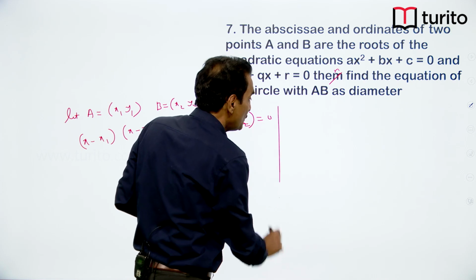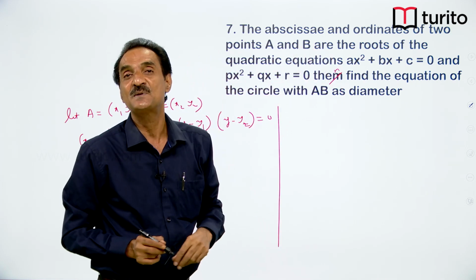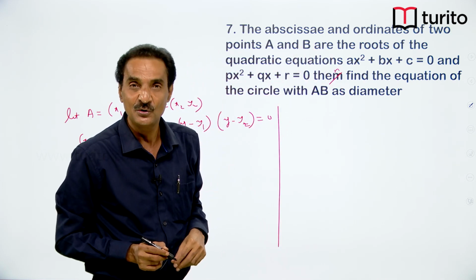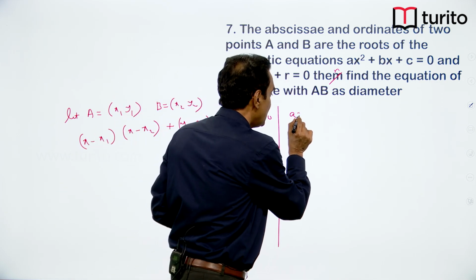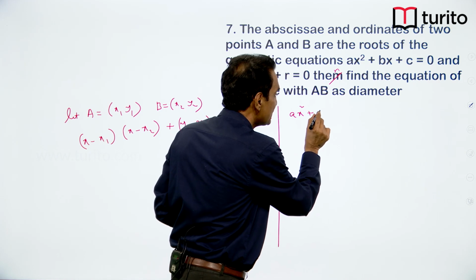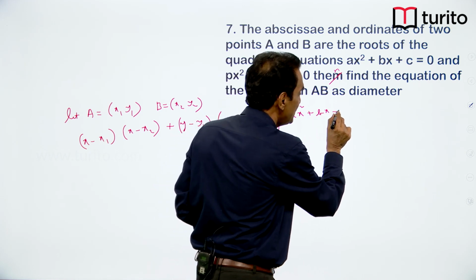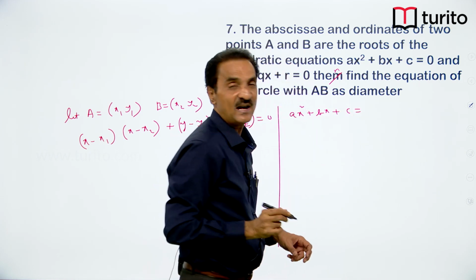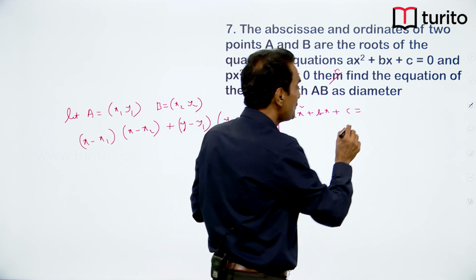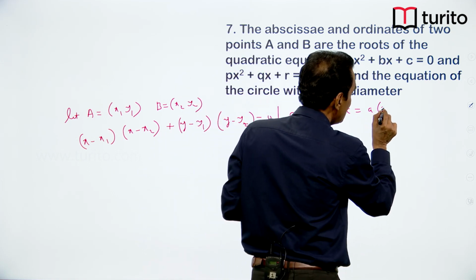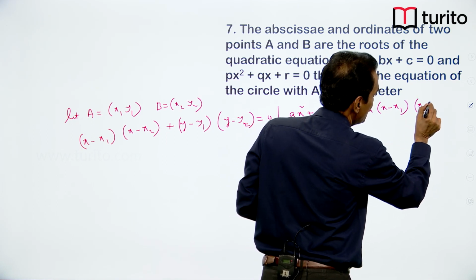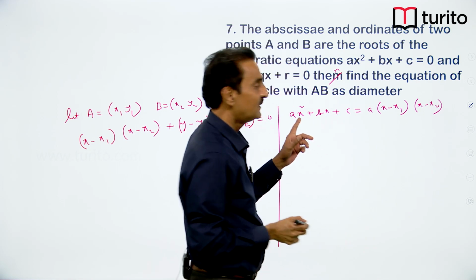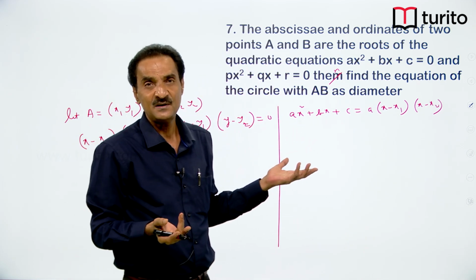So, if the roots of ax square plus bx plus c is equal to 0 are x1 and x2, ax square plus bx plus c can be expressed as a into x minus x1 into x minus x2. It is a very simple concept in quadratic equation.